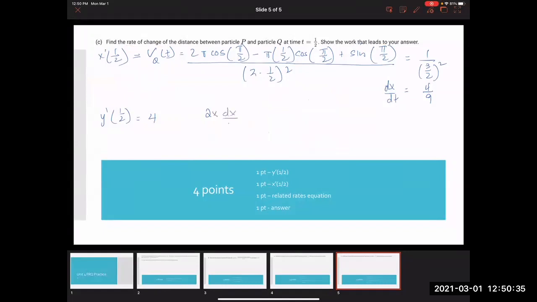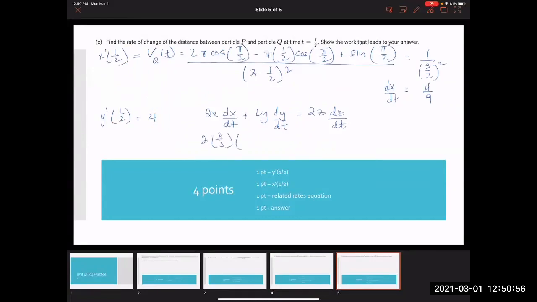2x dx/dt plus 2y dy/dt equals 2z dz/dt. Now we have all of our unknowns. We said that our x of t was 2/3, so 2 times 2/3.